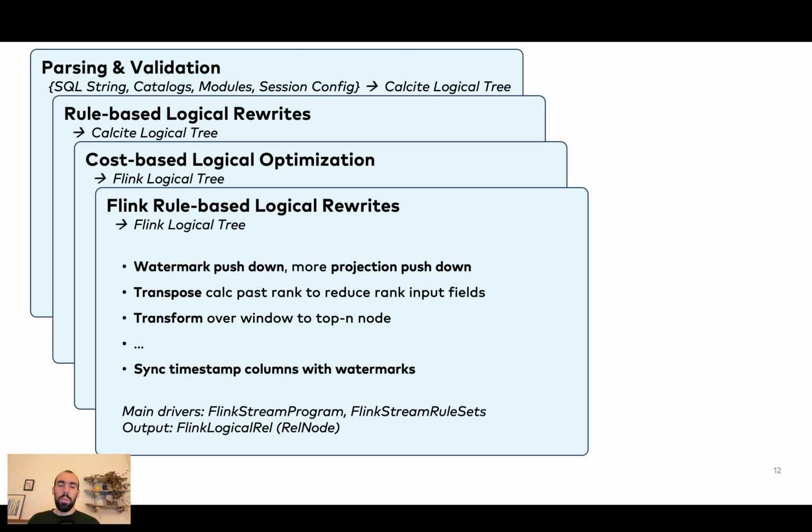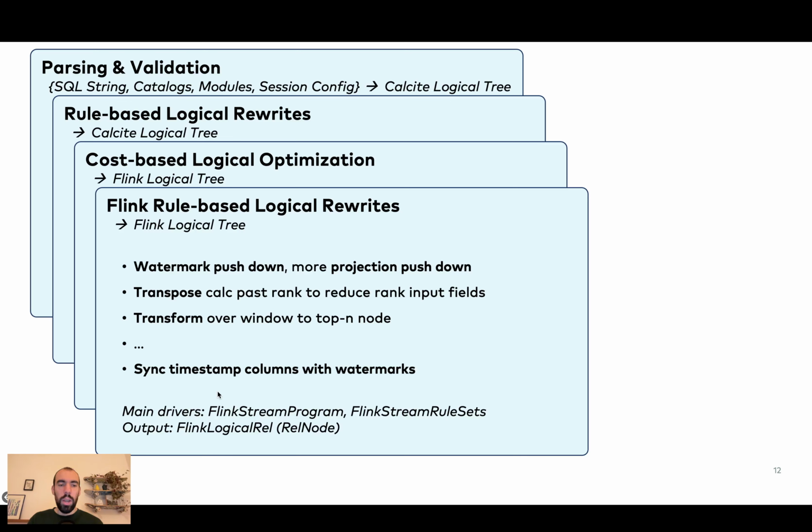Because once you have defined a watermark over a column, this column becomes a time attribute column, and it needs to stay in sync with the underlying watermark system. So you're allowed to reference it, you're allowed to pass it on, but you're not allowed to modify this column. And this is ensured in this phase here. So syncing the timestamp columns with watermarks.